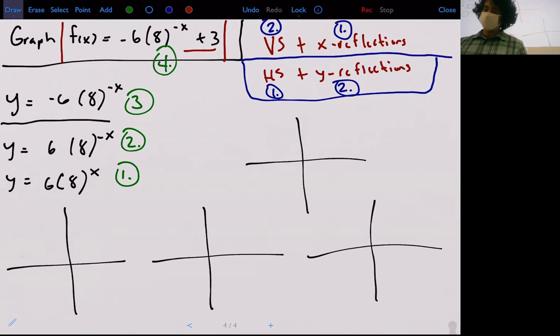Okay, so here's our 4 graphs. Let's start with number 1. We have an increasing exponential function, meaning the shape of the graph looks something like this. And we want to go ahead and keep track of our horizontal asymptote, which is y is equal to 0, and also our y-intercept. So generally, again, how do we find y-intercepts?